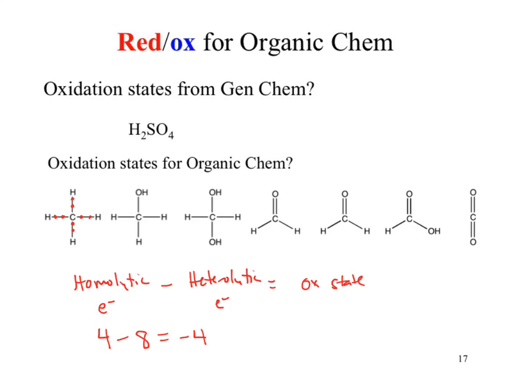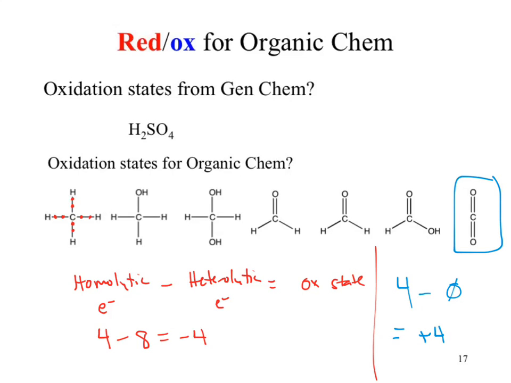Let's go to the complete opposite spectrum. What happens in this case? Our homolytic cleavage, carbon again, 4, minus heterolytic. Oxygens take all of the electrons, which means carbon has 0, which means our oxidation state is +4.